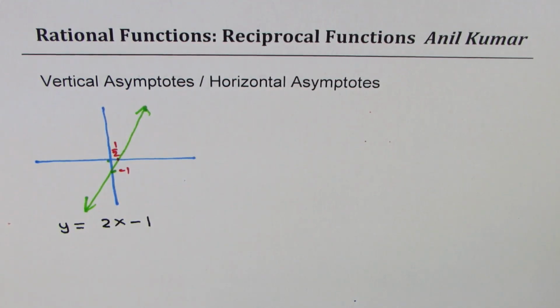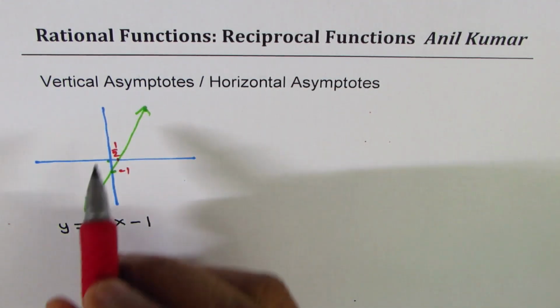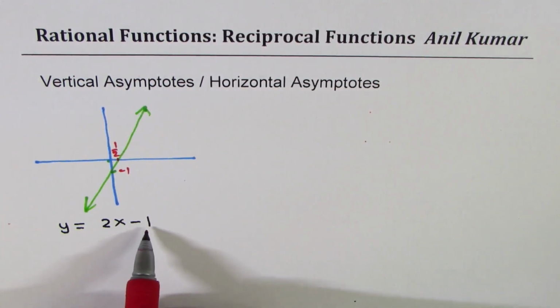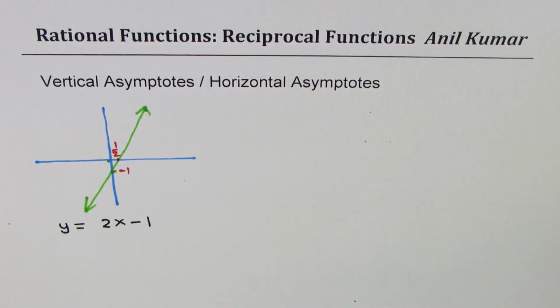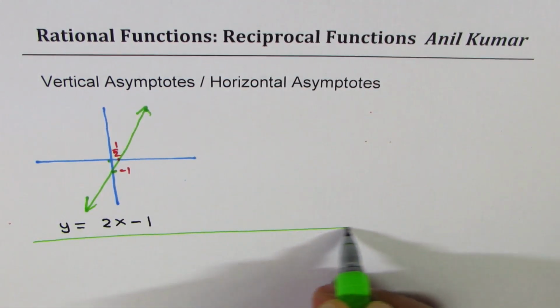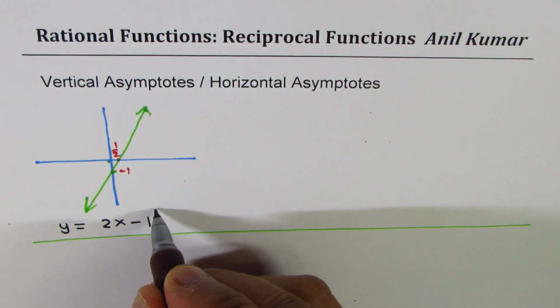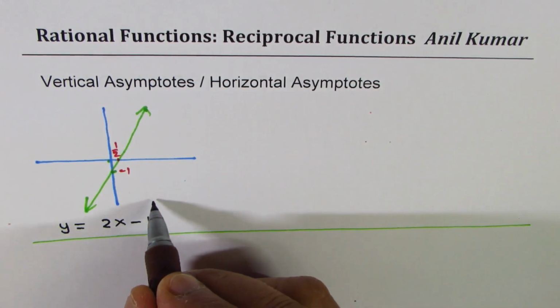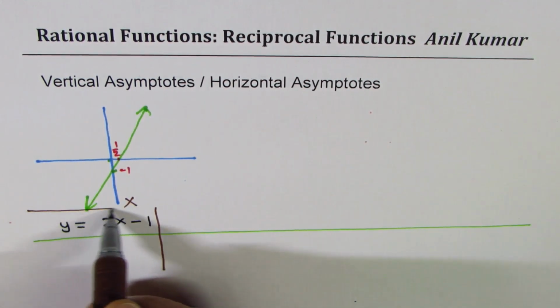Now in this particular example, what we see is that at half, y equals 2x minus 1 is 0, right? So what I will do here is make a table and fill this up with some values for different values of x.